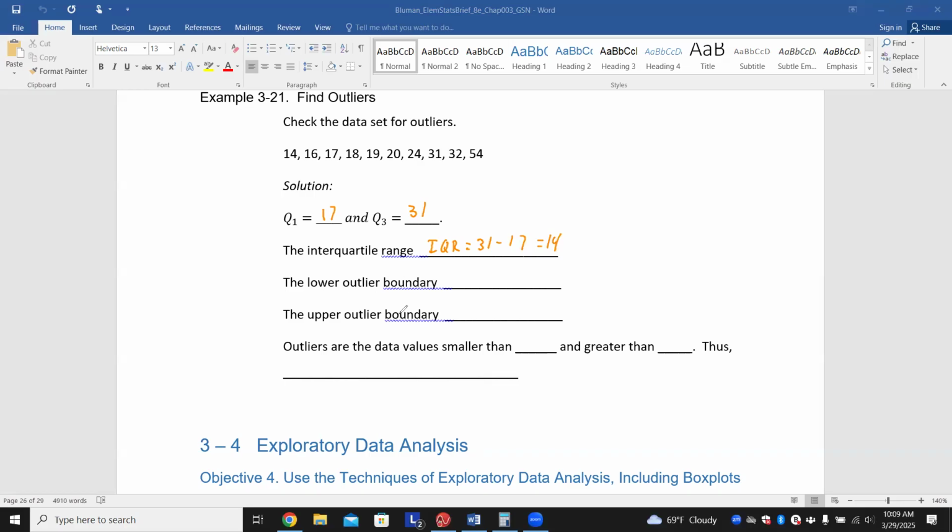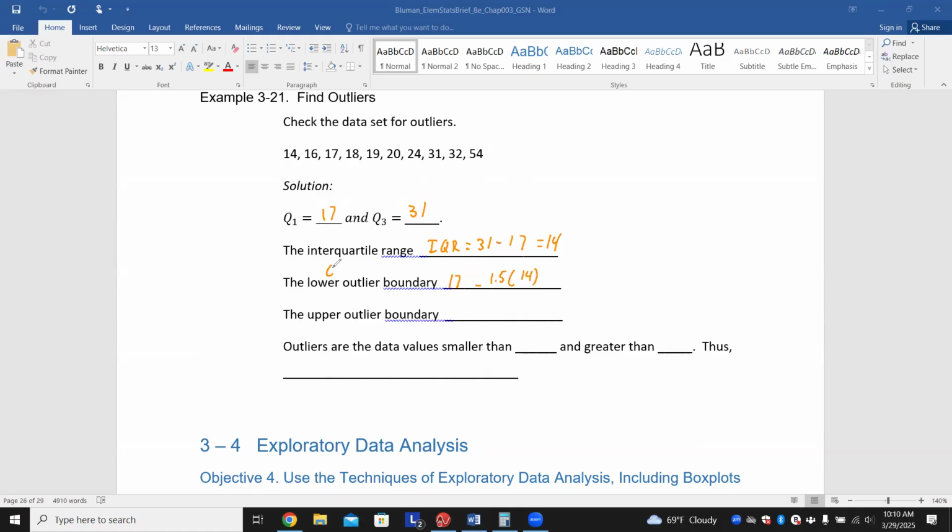Now, to calculate our boundaries, we also need to determine what this times 1.5 is. So again, to find the lower boundary, you're going to start with the Q1, which in this case is 17, and subtract 1.5 times the IQR of 14.